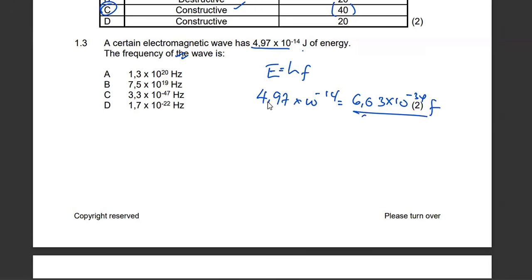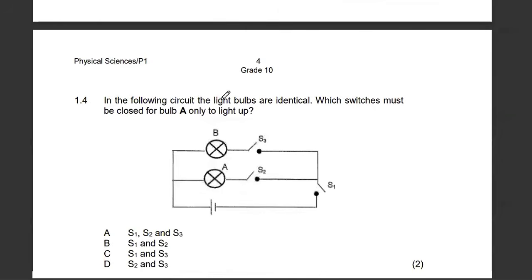Then you divide 4,97 times 10 to the negative 14 by 6,63 times 10 to the negative 34. Okay, so our frequency should be having a positive exponent. What is 34 minus 14? That's a 20. But then if I divide this, it's going to give me a 0, something, which means B is the best or the most reliable answer there.